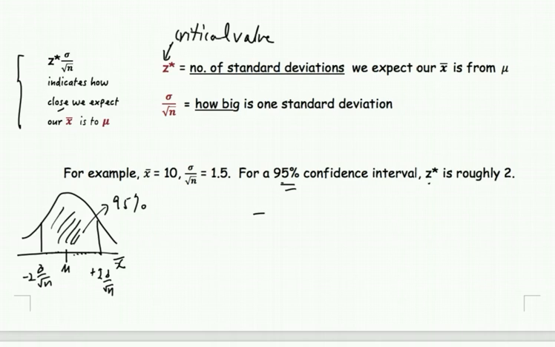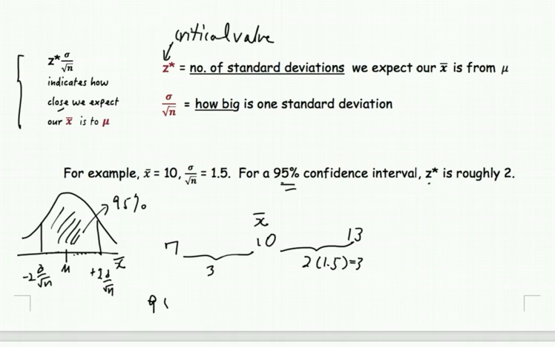Okay. So this is 10, our estimate. What's the margin of error? Is z times the standard deviation. So 2 times 1.5 is 3. And this is also 3. So 10 minus 3 is 7.